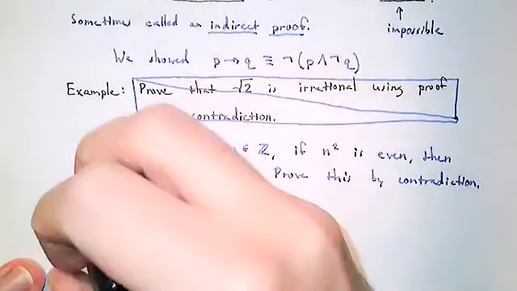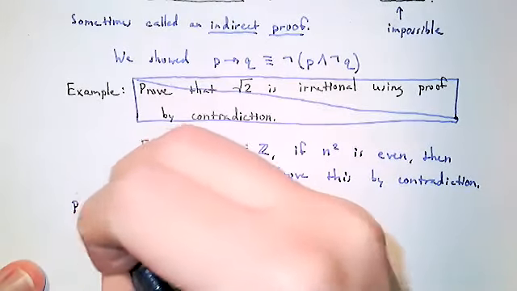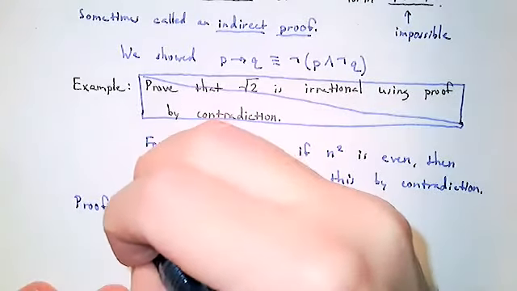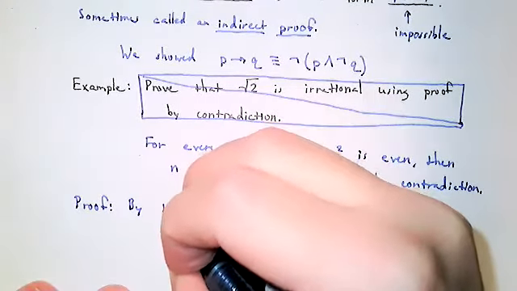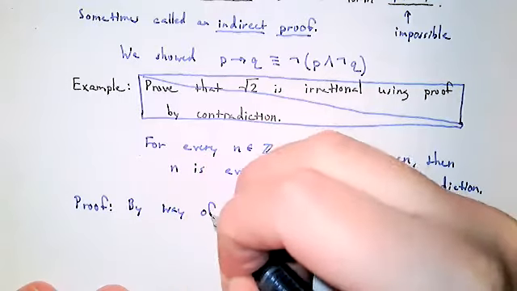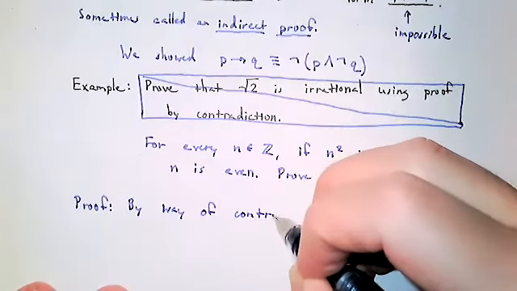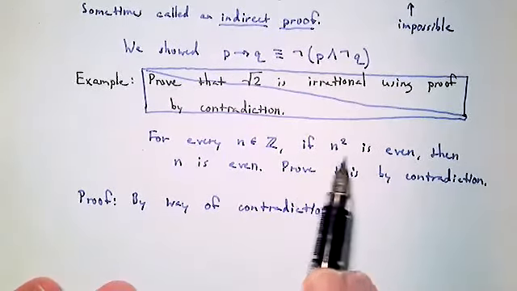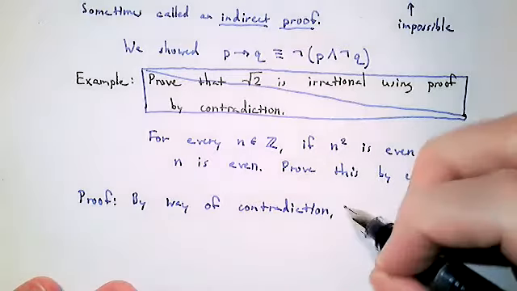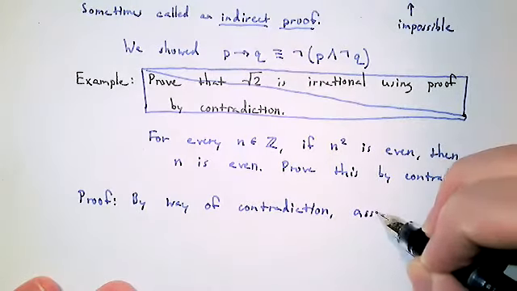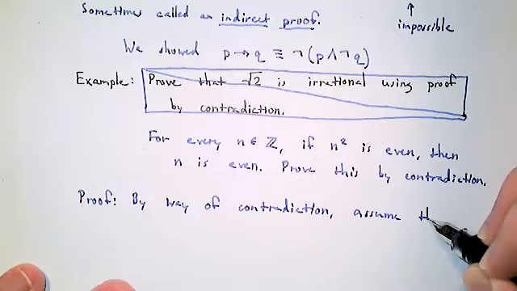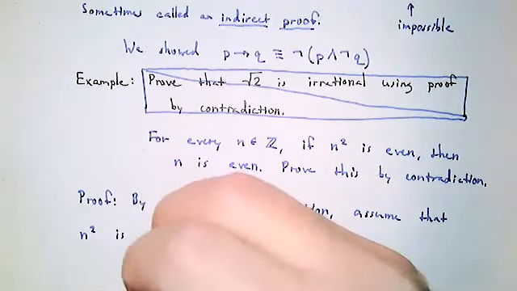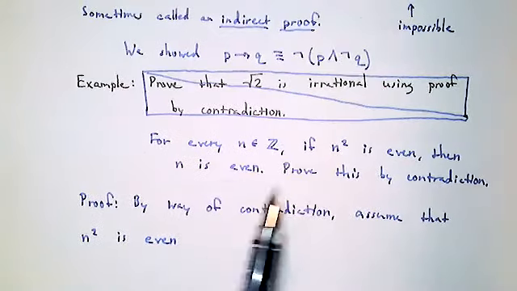So if we get started writing, we might say something like, by way of contradiction, to let the reader know what we're going to do, and then we're going to assume that the hypothesis is true, that n squared is even, and the conclusion is false.